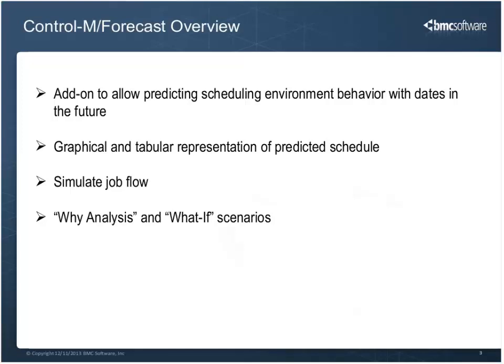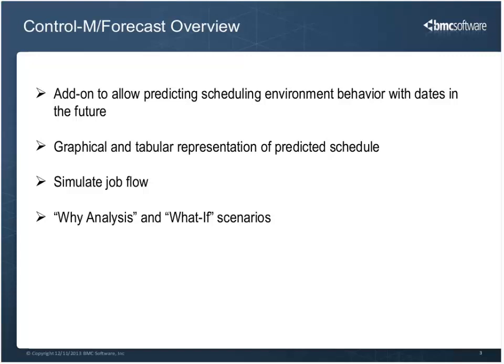Control-M Forecast. Let's say you set up all your scheduling criteria for your job, but you want to make sure that the job will actually schedule on the specific day that you expect. Well, Control-M Forecast is a plugin that gets installed in the Enterprise Control Manager, and it allows you to do exactly that with just a couple mouse clicks, and it gives you some graphical and tabular versions to view the predicted schedule.